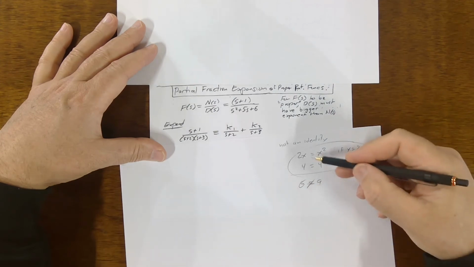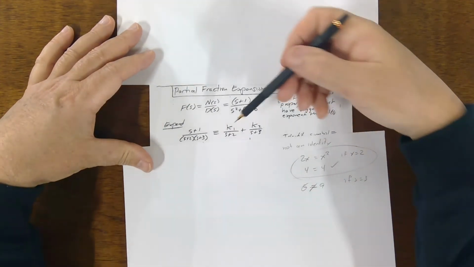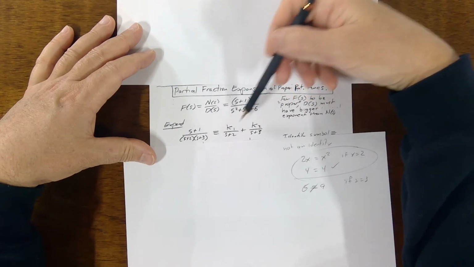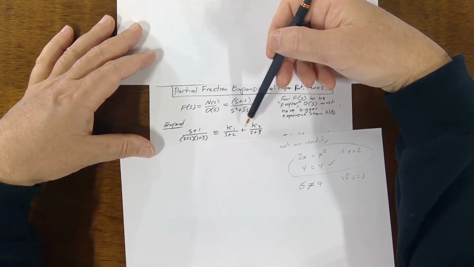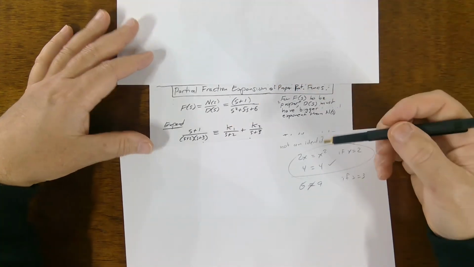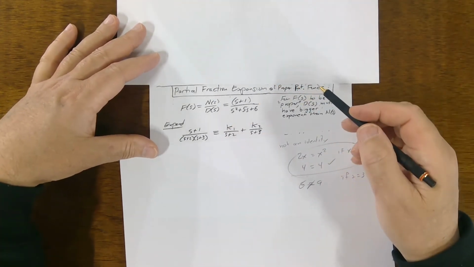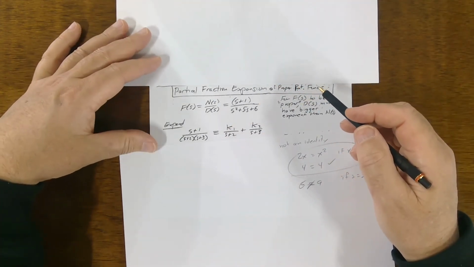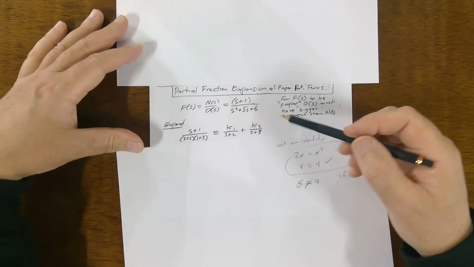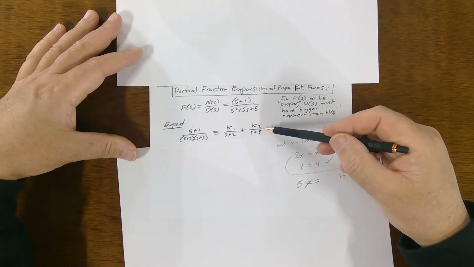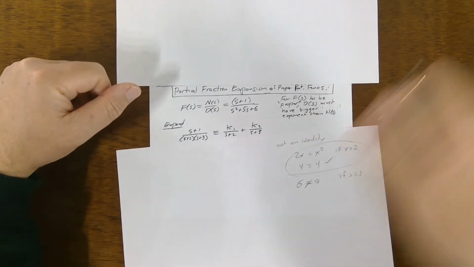So this is not an identity. An identity, the left-hand side and the right-hand side have to produce the same result for all values of s. Once again, that kind of mathy precision or whatever, we don't need to worry about it. We just need to follow the method and turn the crank.